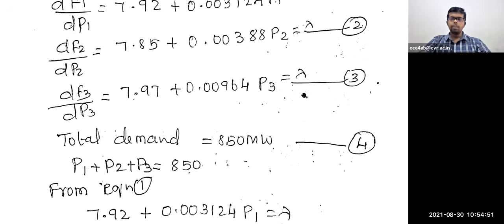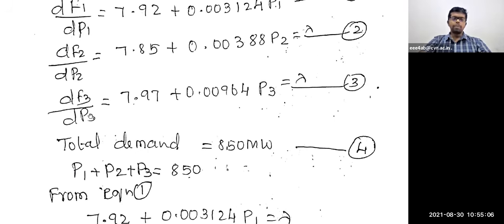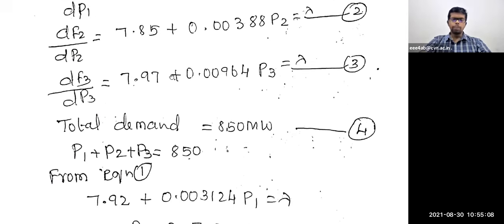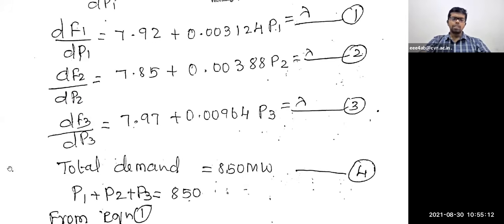So we now have 4 equations: the differentiation with respect to each particular generating unit equated to lambda for the 3 generating units, as well as this 4th equation. So from equation 1, we have to take this P1 outside. So that's all. Next, all of it is mathematics only.